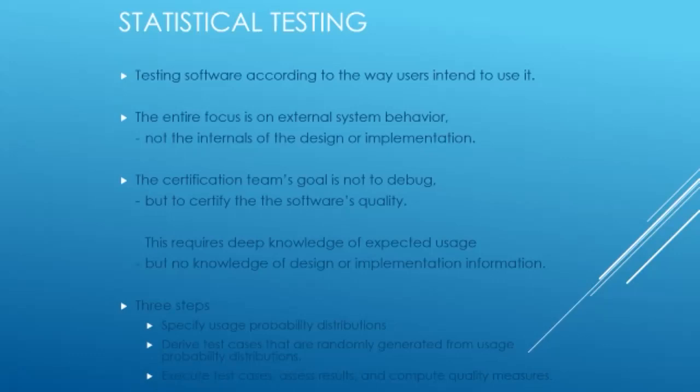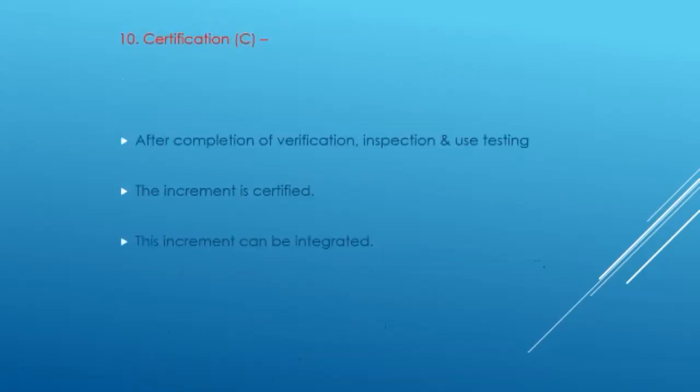The entire focus is on external system behavior, not the internals of the design or implementation. The certification team's goal is not to debug but to certify the software's quality. This requires deep knowledge of expected usage but no knowledge of design or implementation information.